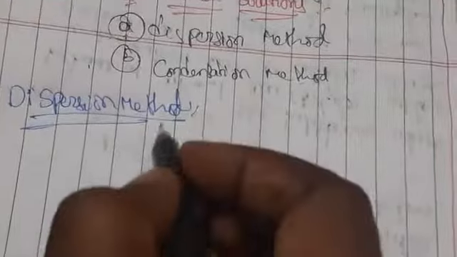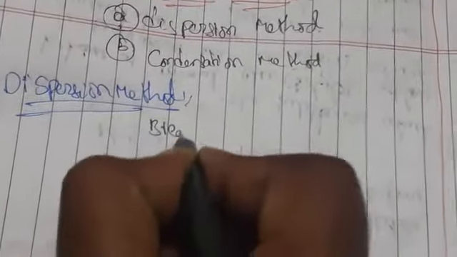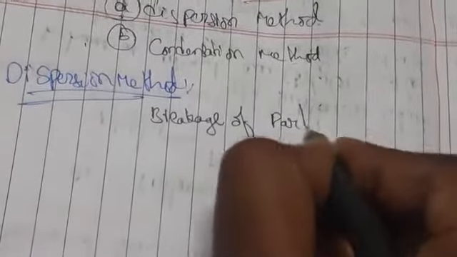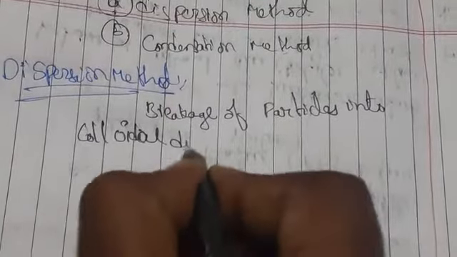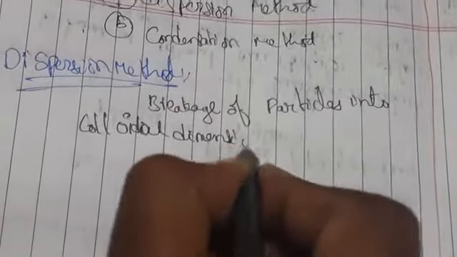So our first method is the dispersion method. What is the dispersion method here? It is the breakage of particles into colloidal dimensions.